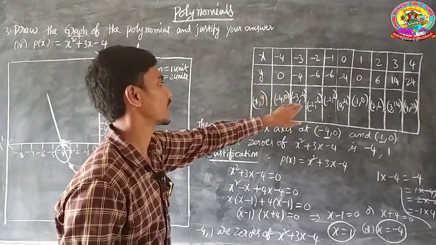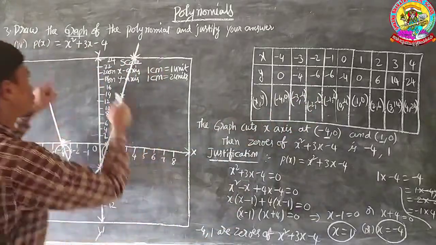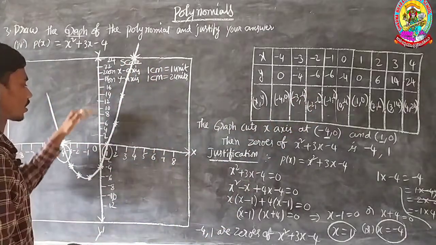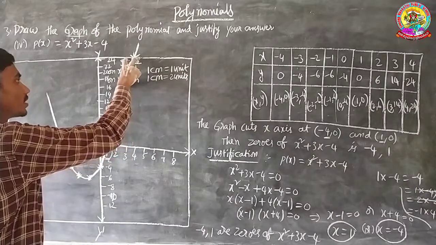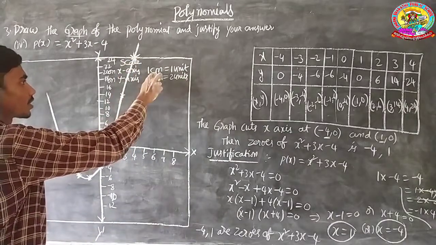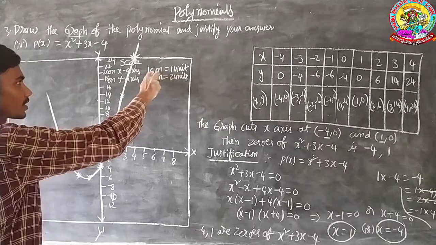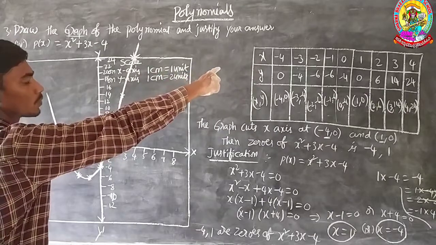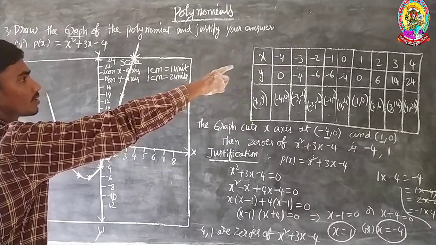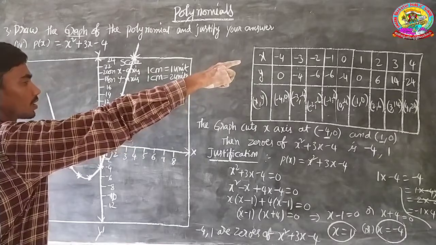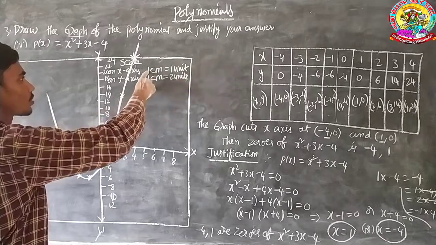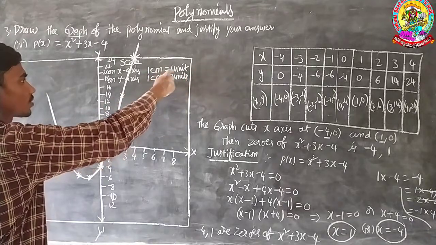So you can easily construct the points. Then you have to take the graph sheet and divide it into 4 quadrants. Then you have to denote a scale. Here the x-axis scale must be very easy, because the values you have taken are simple, from -4 to 4. So 1 centimeter is equal to 1 unit.